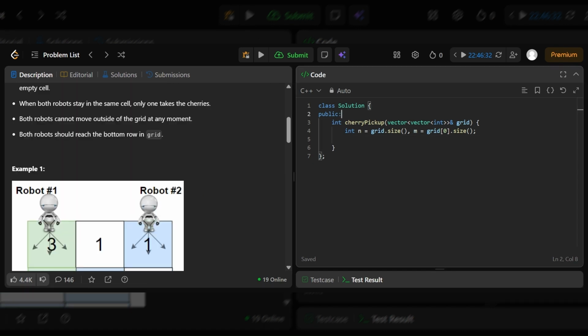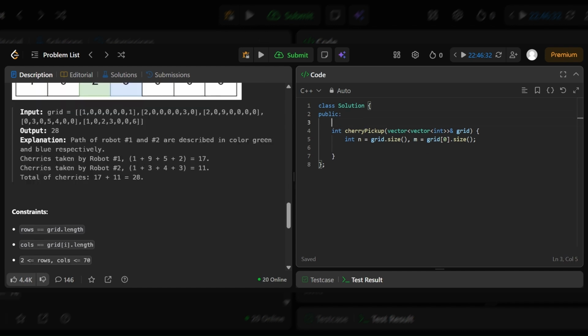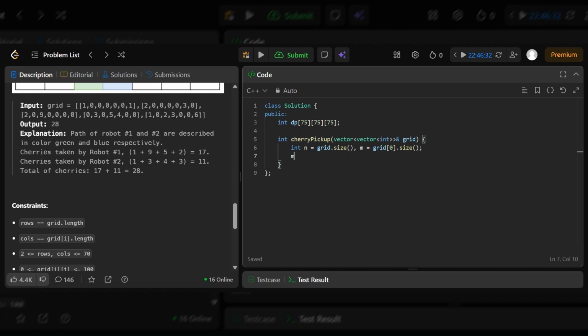Cool. Okay. What are our constraints for i and j? It's 70. So let's make it 75. So we have dp of 75, 75, 75. Okay, so we'll do memset this dp -1 and size of dp. Now we have one safe condition. So bool is safe, int i, j1, j2, n and m.